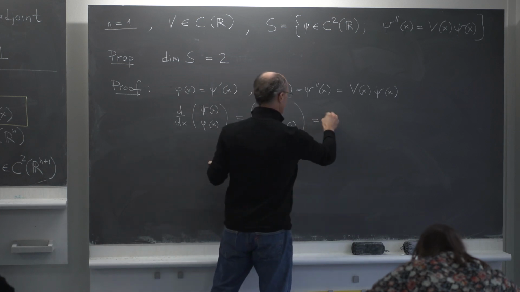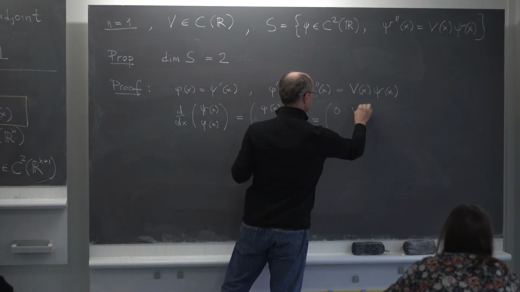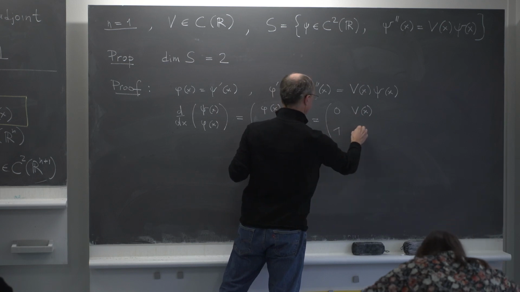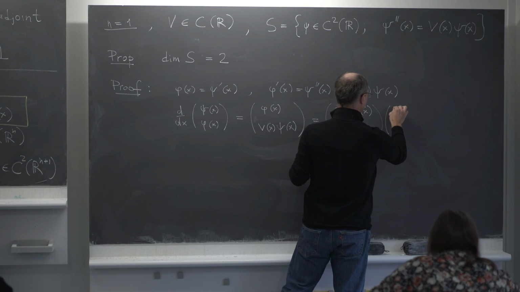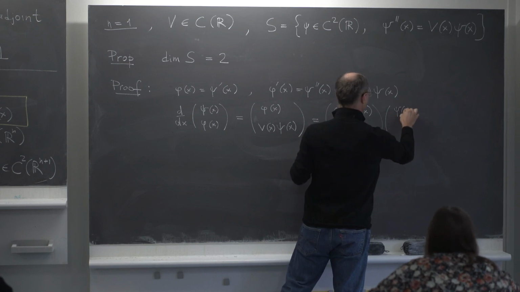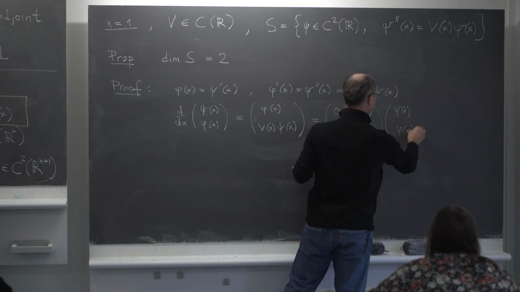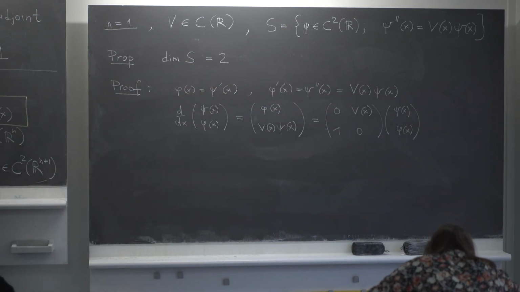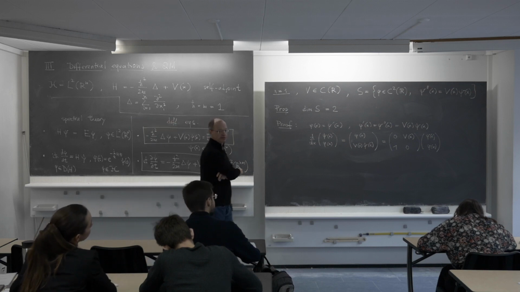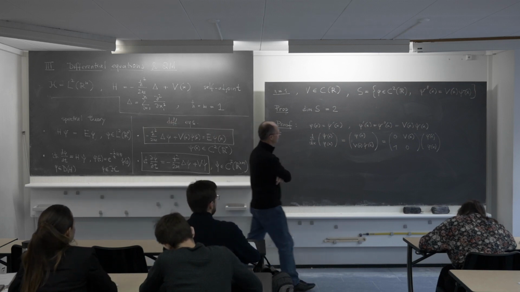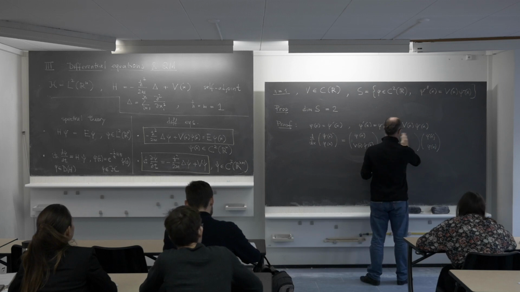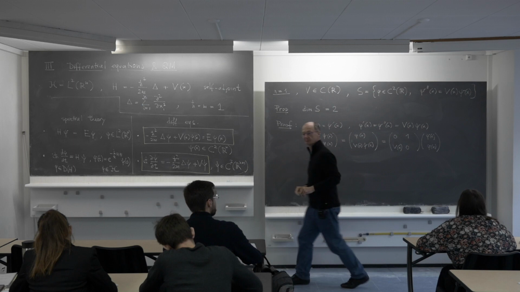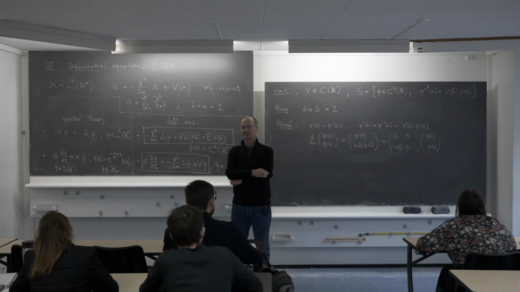And I can also write it in the following way. I introduce a 2 by 2 matrix, 0, v of x. Is it the other way? Yeah, sorry. Is it better?